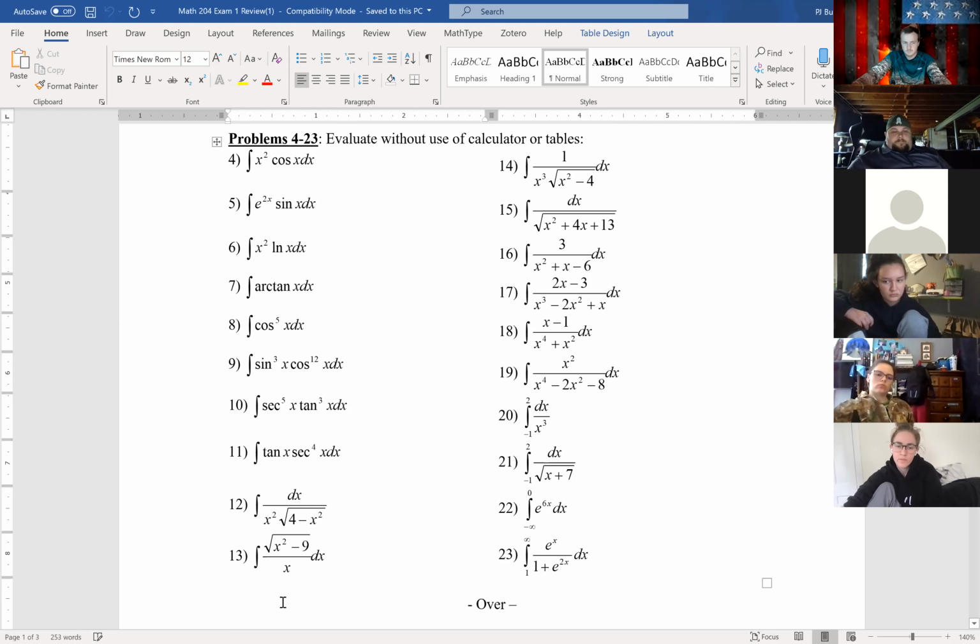Trig substitution. That's a trig sub, good. And what about 22? Improper. It's improper because we have an infinite bound, and then the integral itself is just a basic u substitution.